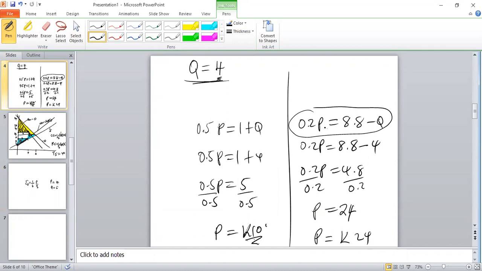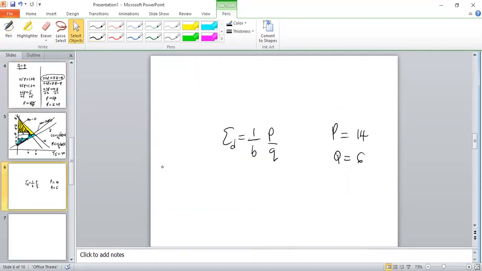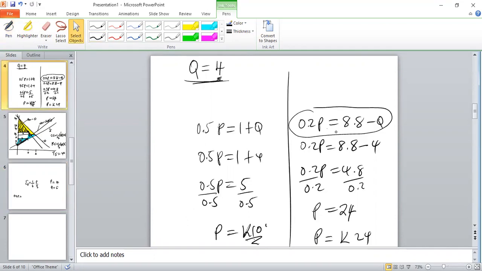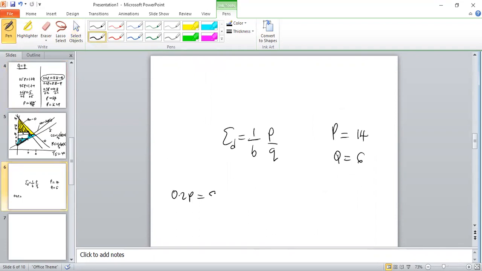The one that will be attached to Q will be your B. So you have 0.2 P is equal to, from which one is the demand equation? This one, 8.8 minus Q. So we have 8.8 minus Q. So you have to make P the subject.